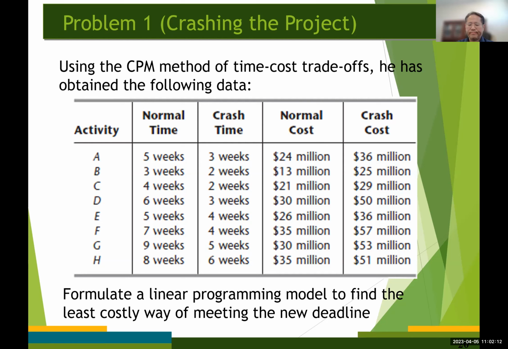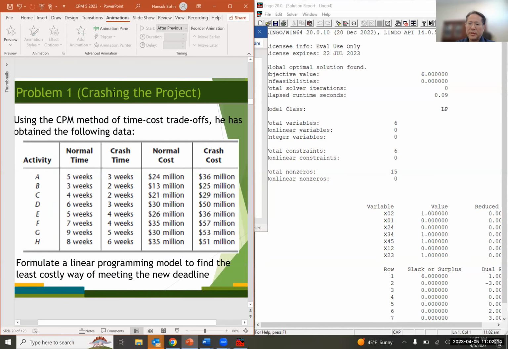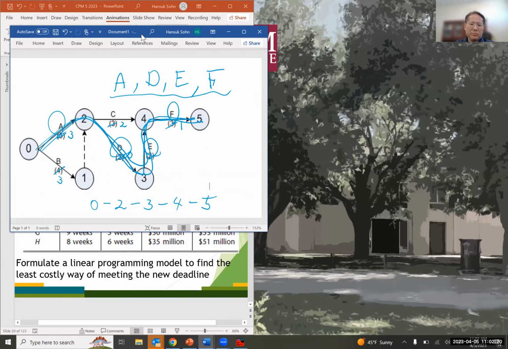So, okay, let me use Microsoft Word for that.